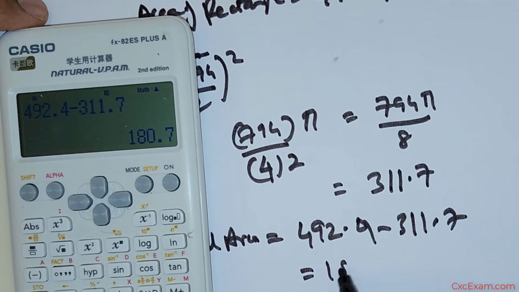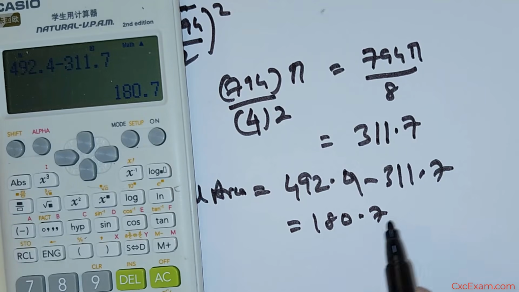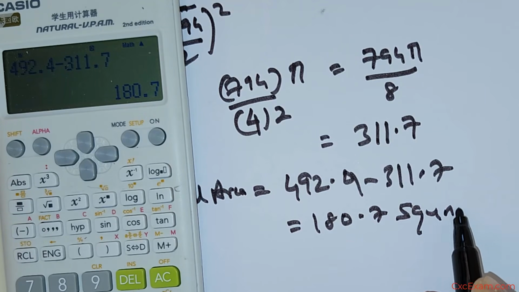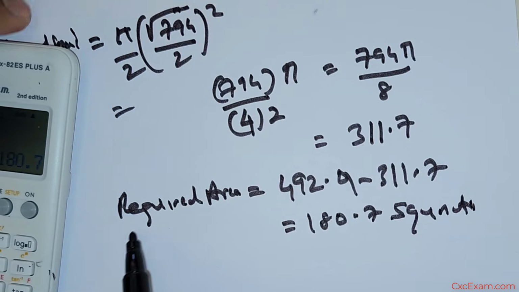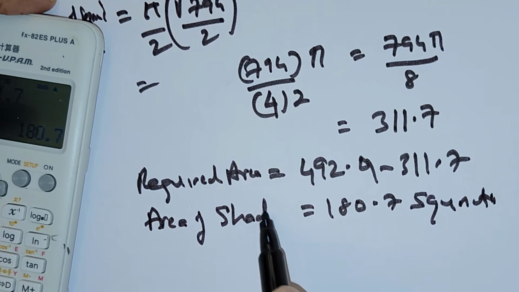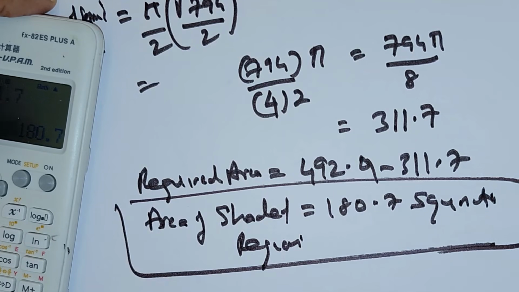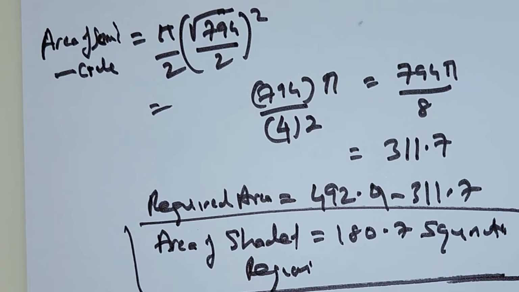So that is going to be 180.2, the required area. So this is the area of the shaded region. Right, so that's the solution for this question. Thank you everybody.